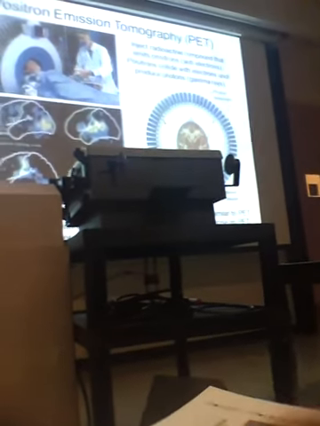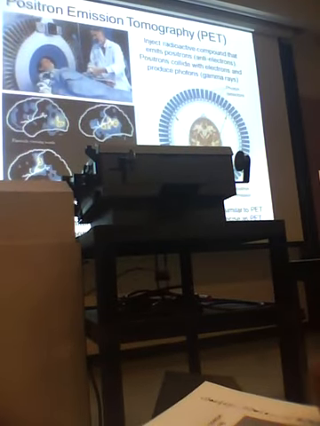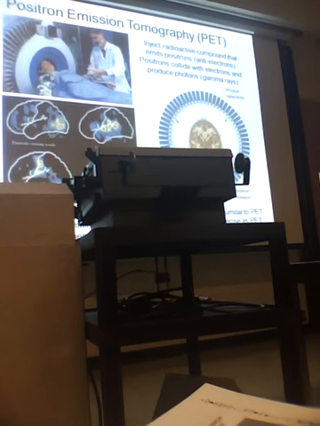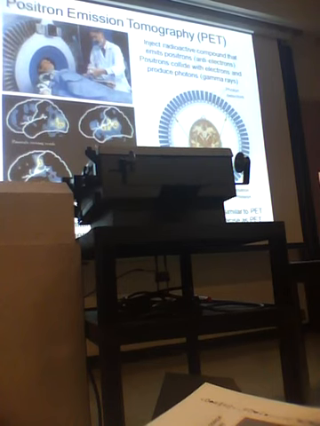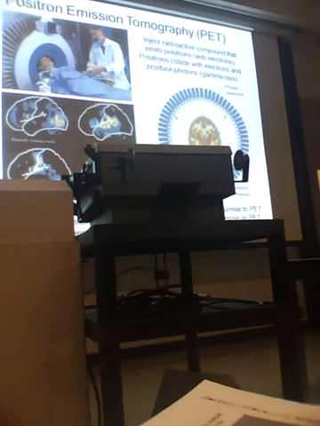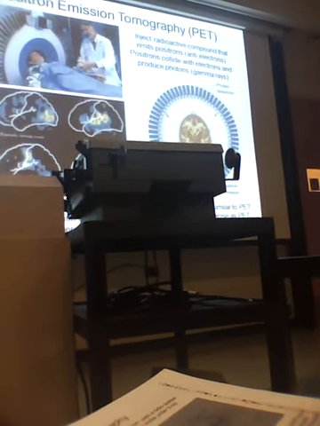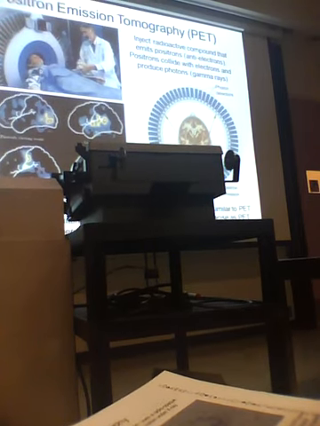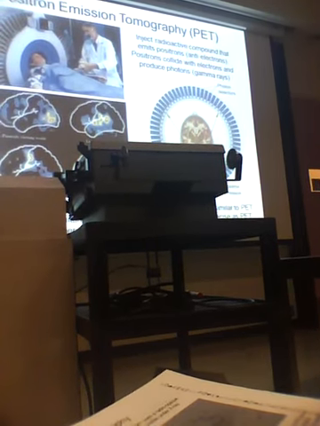You have a huge bunch of detectors around the head that can detect the electromagnetic radiation, which is the gamma ray. Positrons are meeting electrons all over the place, millions and millions of them, and you collect millions and millions of these signals around the detectors.